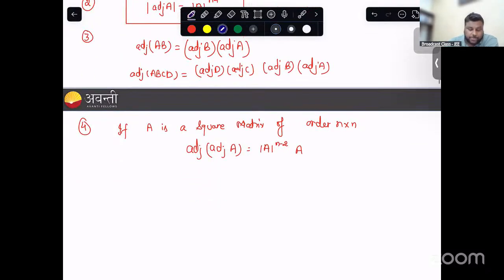Let's see its proof. See, we know A into adjoint A is determinant of A into In.